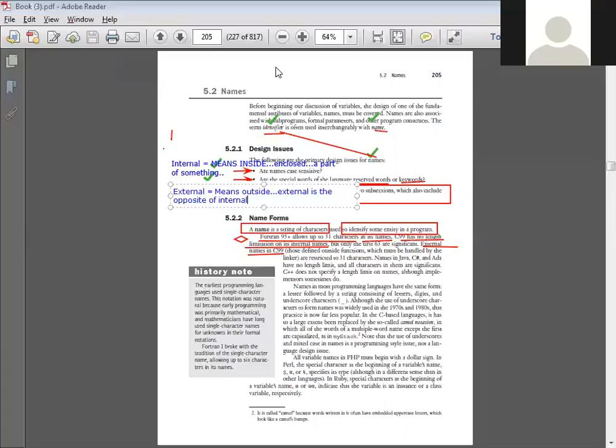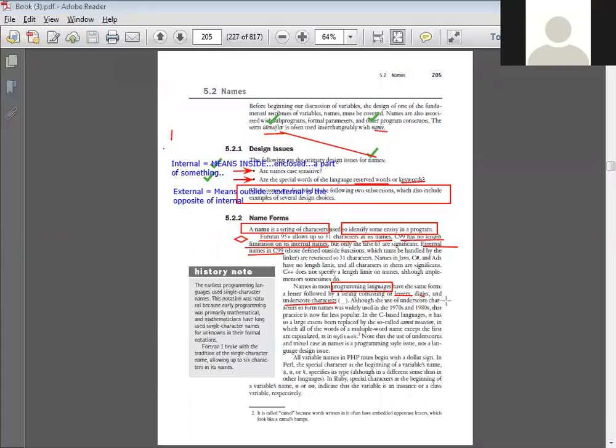Now I am here. Most names in most programming languages have the same form: a letter followed by a string consisting of letters, digits, and underscore characters.